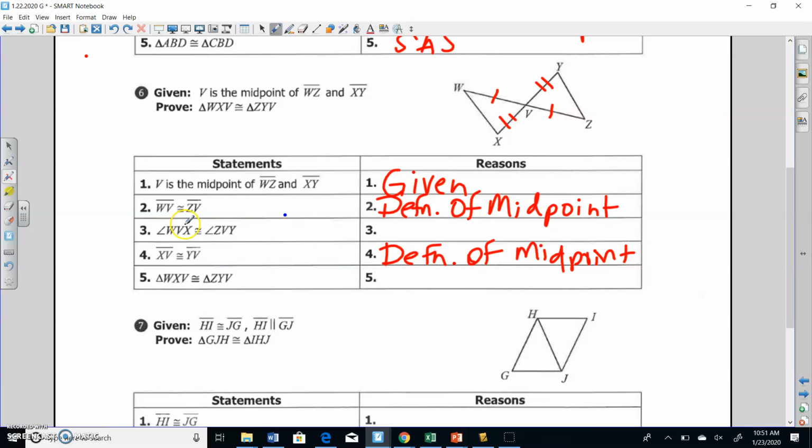Okay, let's back up to where we have these angles. So it is saying angle WVX, that's this angle, is congruent to angle ZVY, which is that angle.